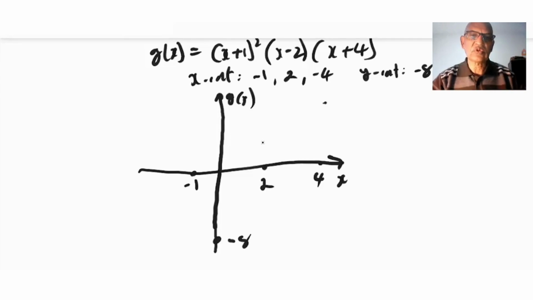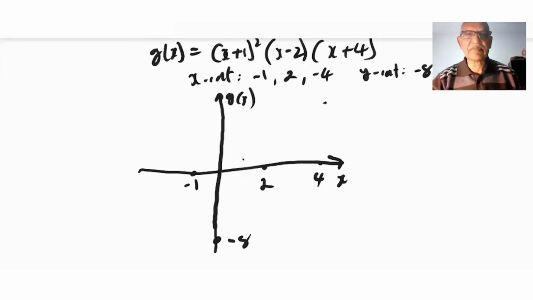So what should we do? Let's see the value between the intercepts. At 0, I have 1 squared, times minus 2, times 4, which is minus 8.